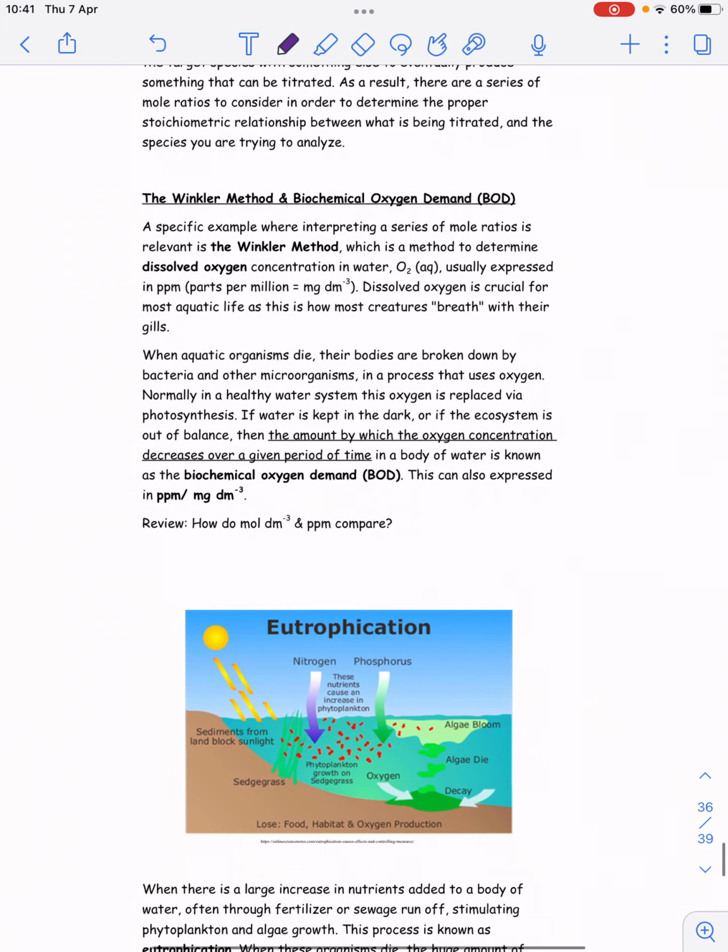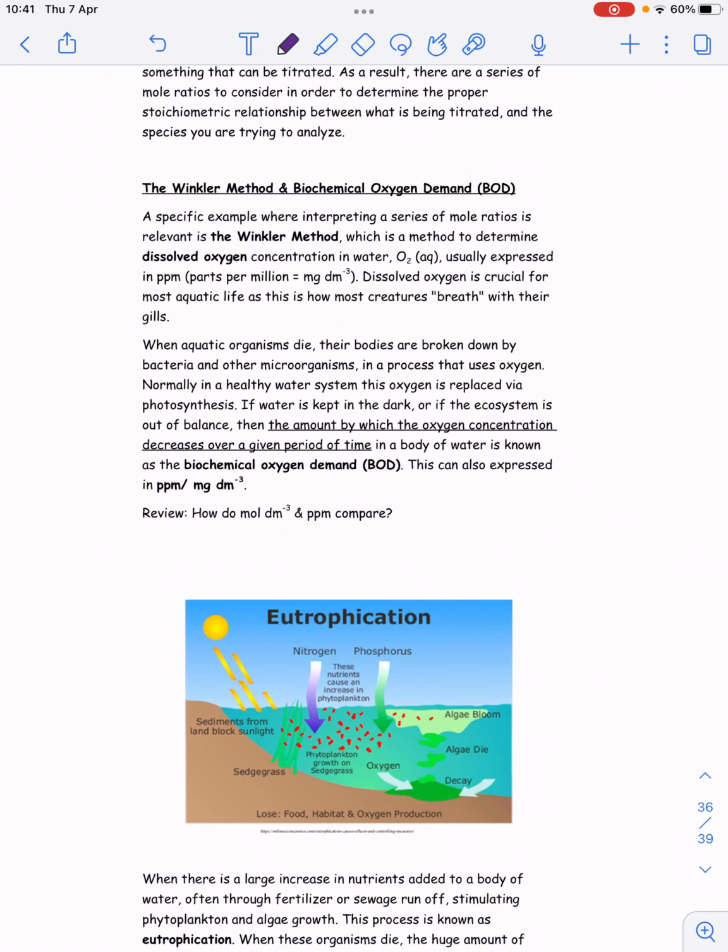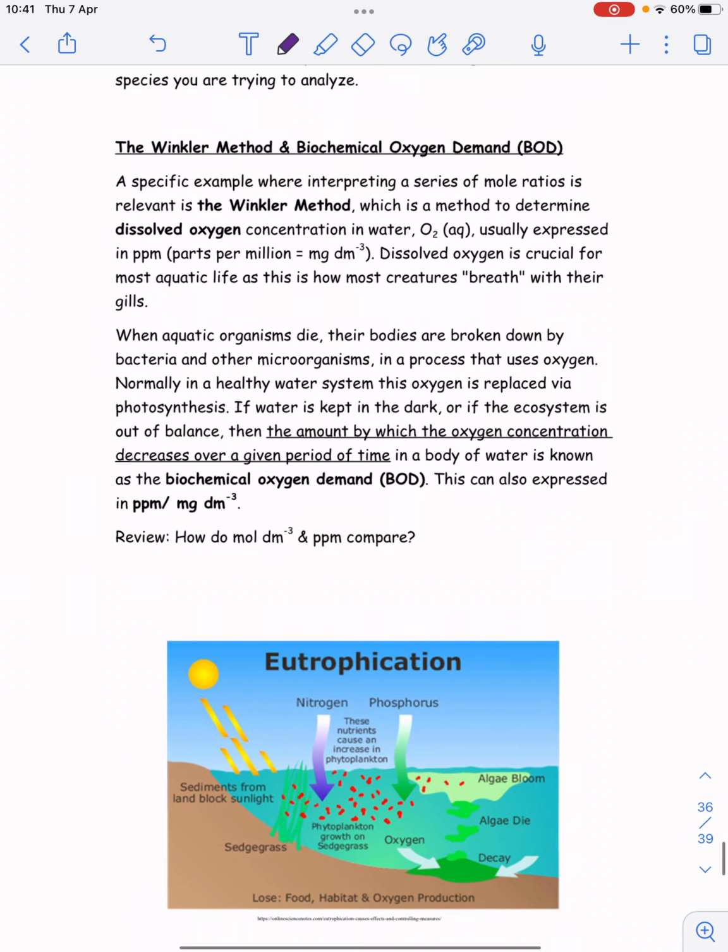Okay, so first we have to talk about dissolved oxygen. So oxygen, O2, the stuff that we breathe, can dissolve in water to a certain extent. The concentrations are generally quite low, and so these concentrations are usually expressed in parts per million, ppm, which is the same as milligrams per liter. So these are very small concentrations, so if they were in moles per dm cubed, they'd have a number of zeros in them, so 0.000, for example.